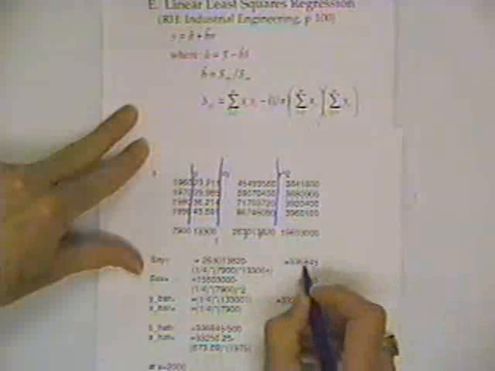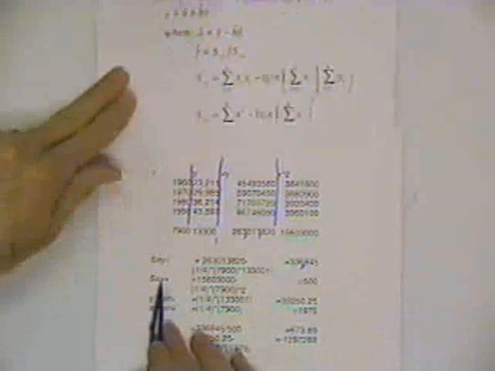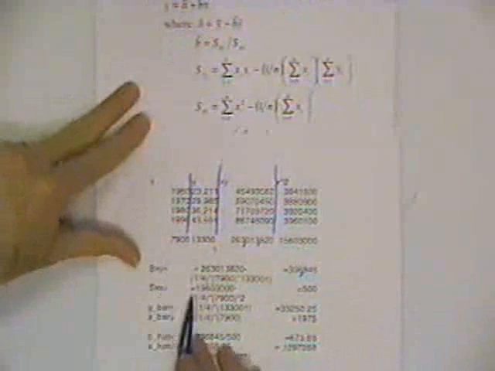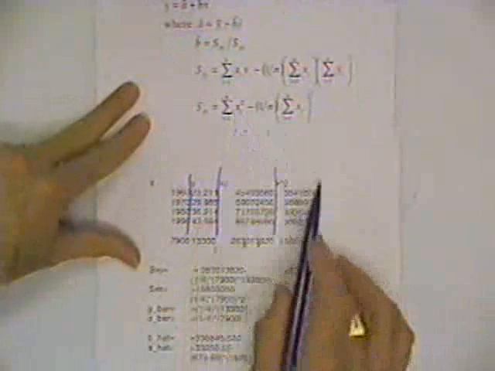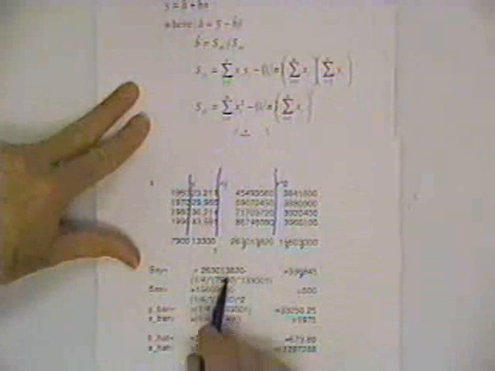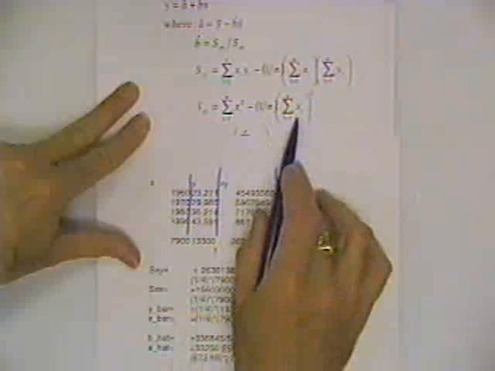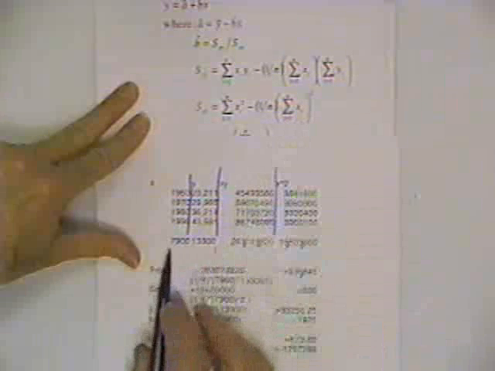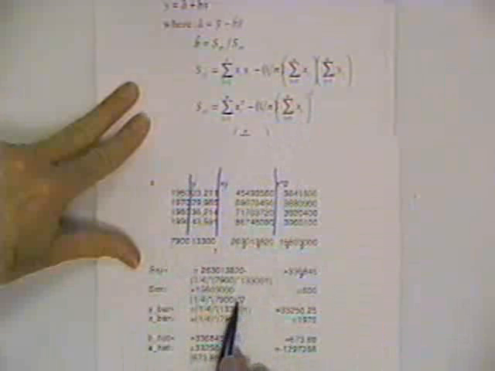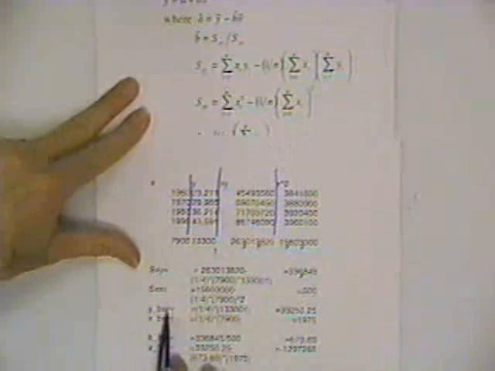We calculate that as 336,000. Then use the formula for S sub XX. It's the summation of X squared, which is about 15 million here, minus 1 over 4 times the summation of X, 7,900, quantity squared. Carry that out and you get 500.